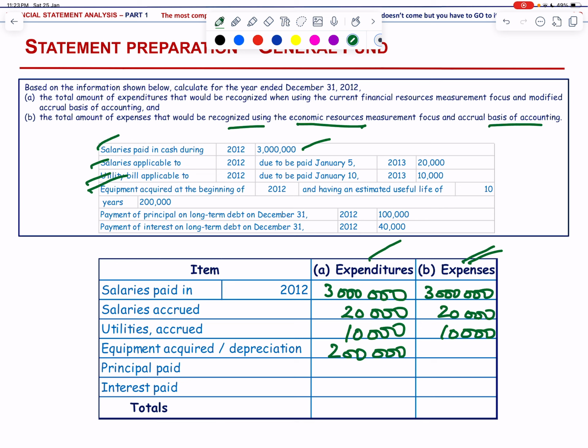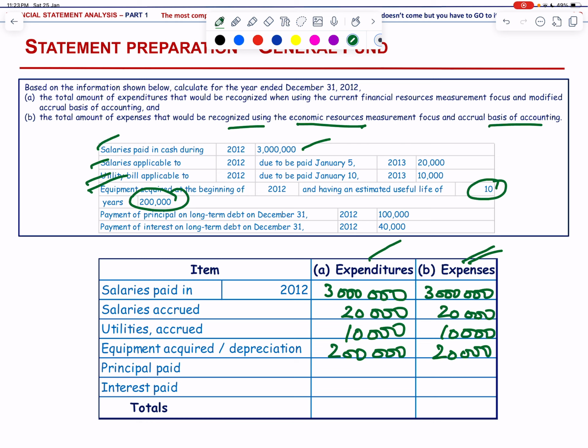Now, since the equipment has a useful life of 10 years, the annual depreciation will be 200,000 divided by the number of years. That gives us how much? That is going to be 20,000.